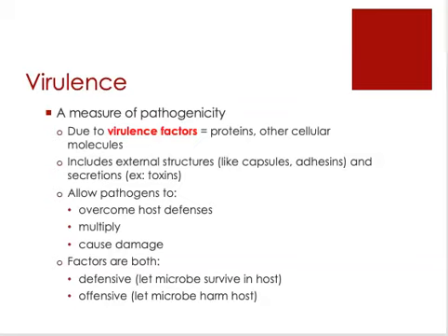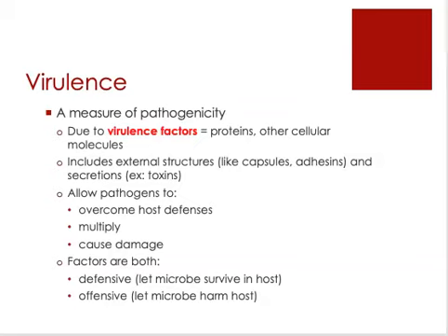What a virulence factor does for a pathogen is it allows it to overcome or evade the immune system of the host. It helps it better replicate itself, better multiply and increase its cell number. It helps it sometimes cause damage to the organism.